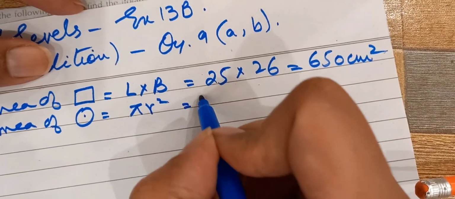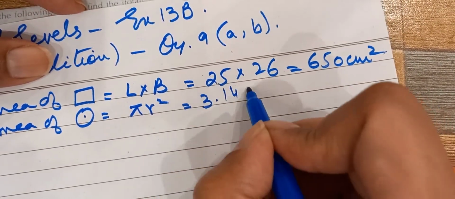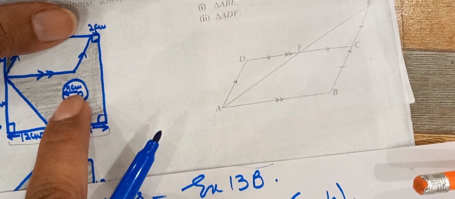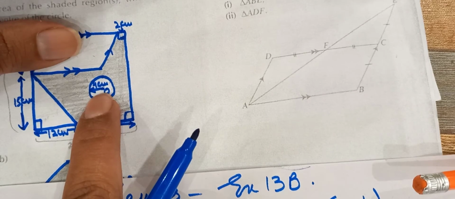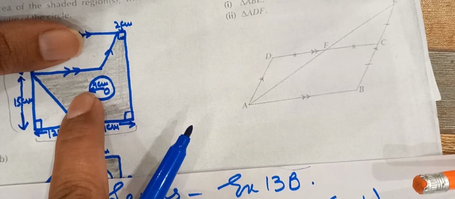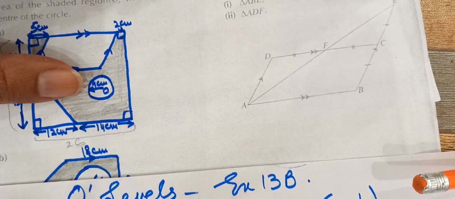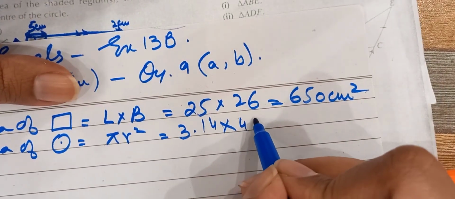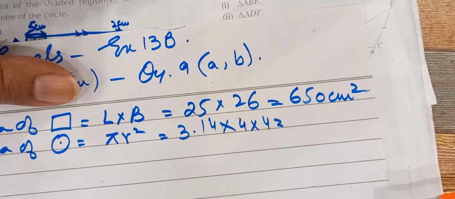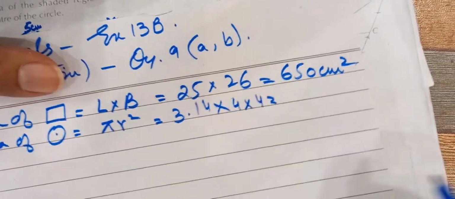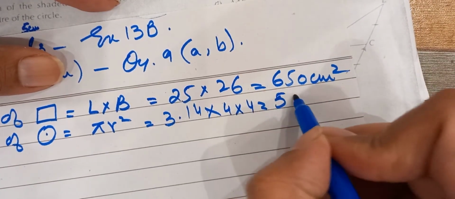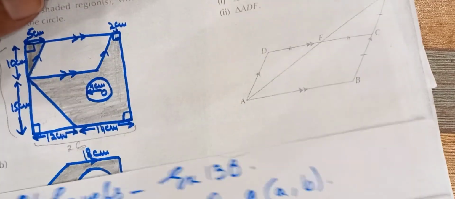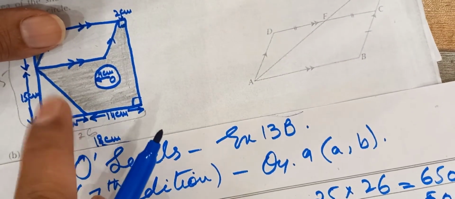Pi is equal to 3.14 and they have given us the radius, which starts from the center O and touches this part of the circle, which is 4. So I write 4 twice and calculate it, and it would be equivalent to 50.24 centimeters square. Now I will calculate the area of this triangle.